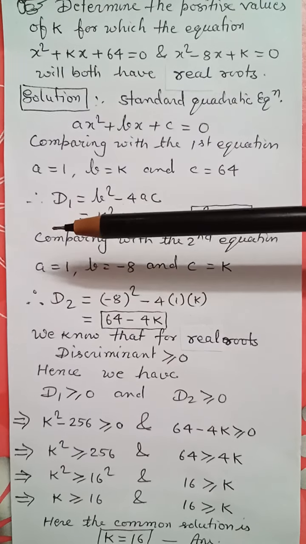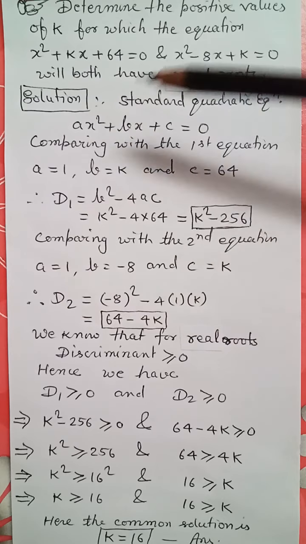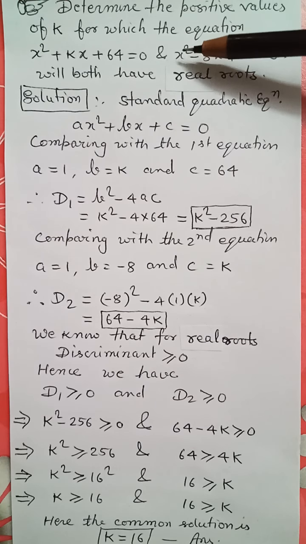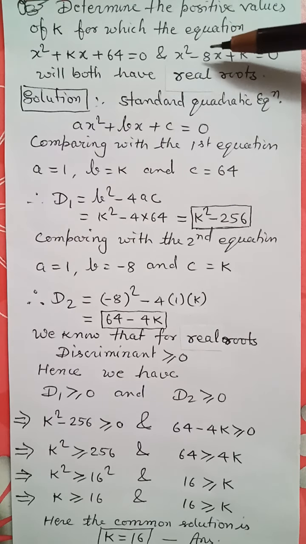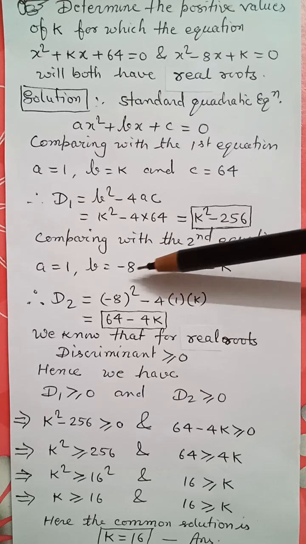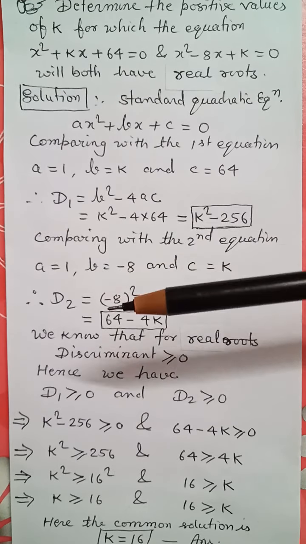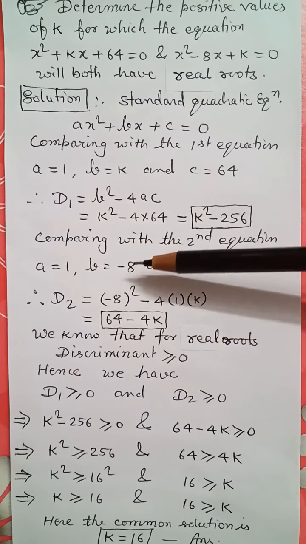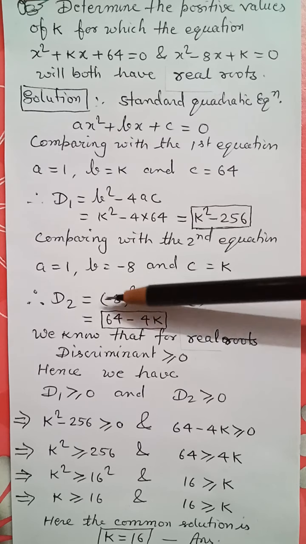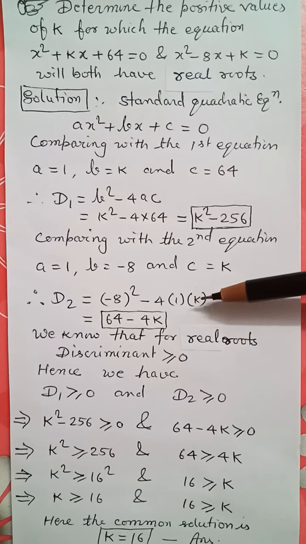Similarly, comparing the second equation with the standard form, we have a equals 1, b equals minus 8, and c equals k. In this case, the discriminant d2 is (minus 8) square, that is b square, minus 4 times 1 multiplied by k.